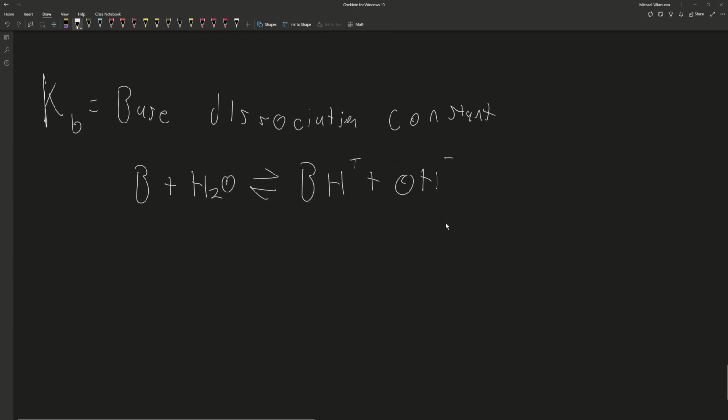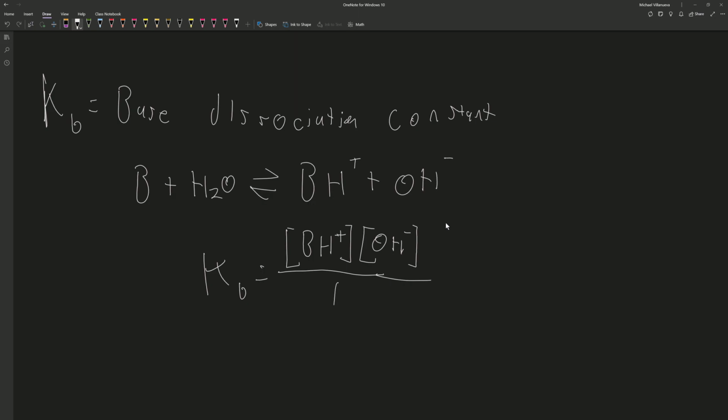And likewise, we could say Kb is equivalent to the concentration of the salt of the base multiplied by the hydroxide concentration, all over the concentration of the base.